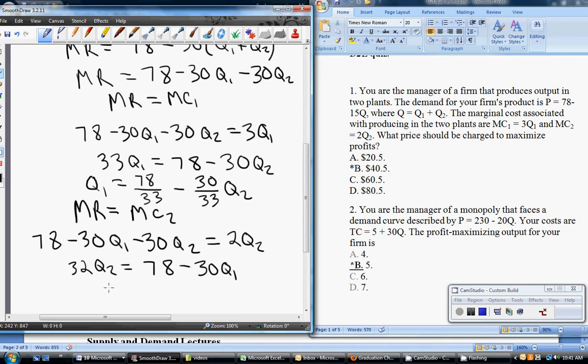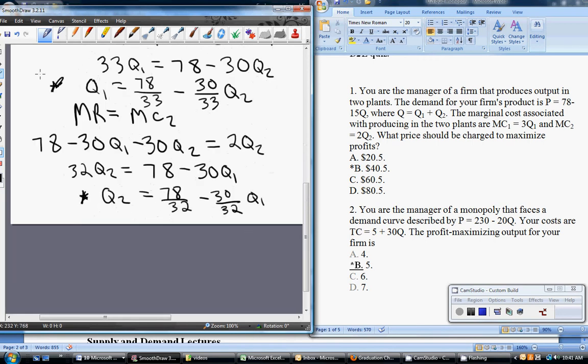And get that, and dividing through by 32, we get that result. So we got this equation over here and this equation over here. Two equations, two unknowns. We'll substitute one into the other to solve the output.